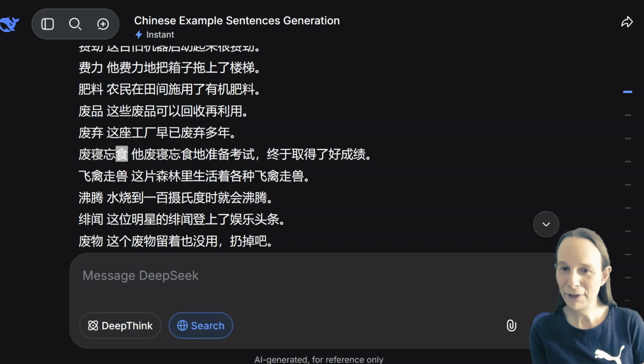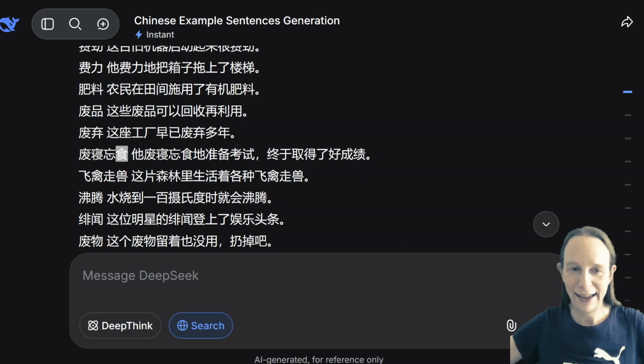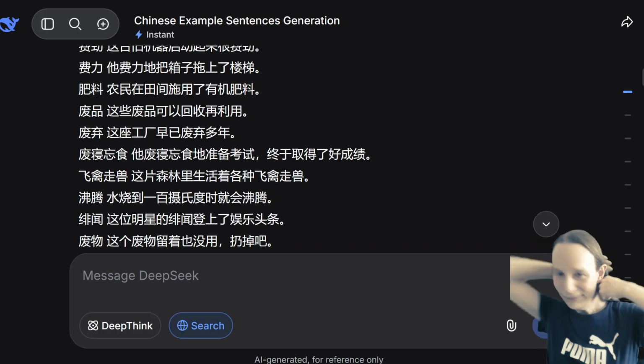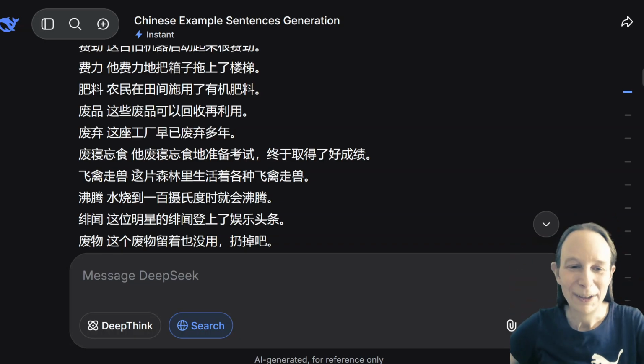It can also be a verb meaning to eat. Probably it's a noun here. So you're abolishing this and forgetting this. You're wrapped up in work or study, and you're busy.